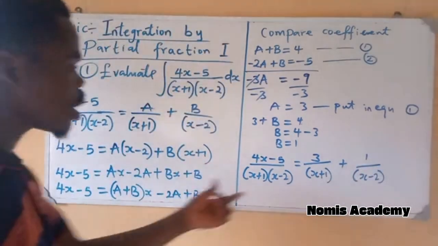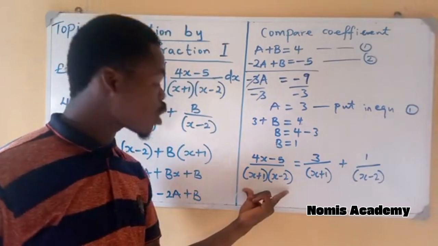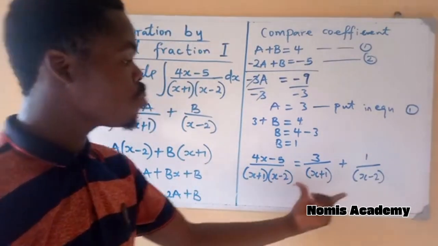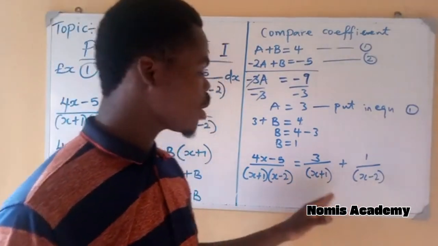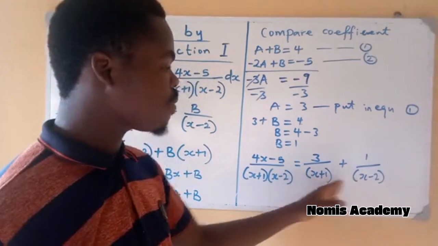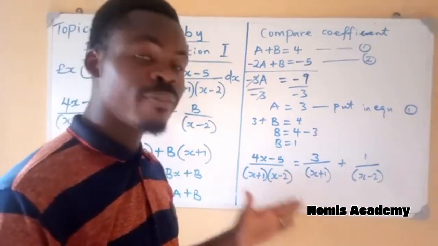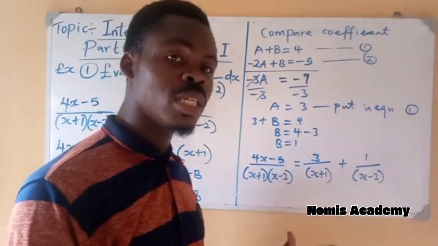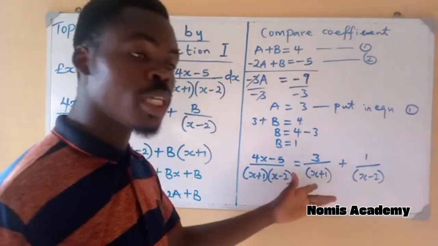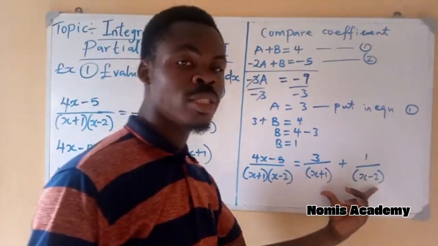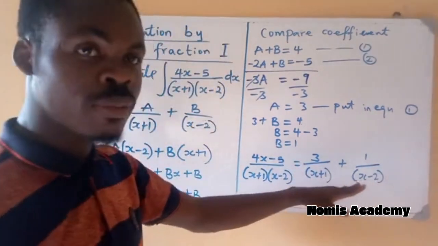So we have resolved the composite fraction into partial fractions. Now you can see that the partial fractions are in the standard integral form, so it is very easy to integrate a fraction of this form.